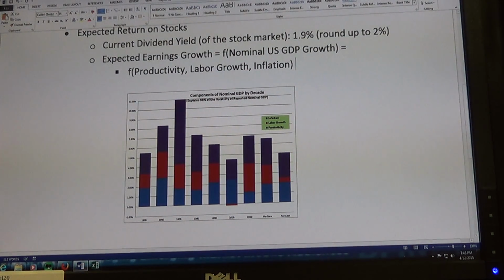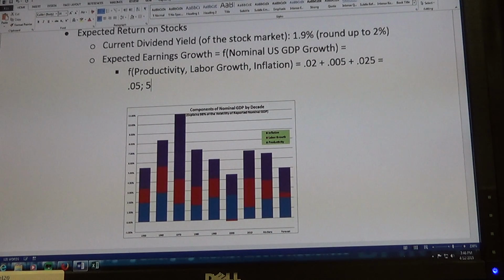And so I'm going to say productivity of 2%, labor growth of 0.5%, and inflation of 2.5%, giving me a nominal GDP growth of 5.05 or 5%. So I expect the U.S. economy to grow about 5% over the long term, 2% from productivity, 0.5% from labor growth, and 2.5% from inflation.